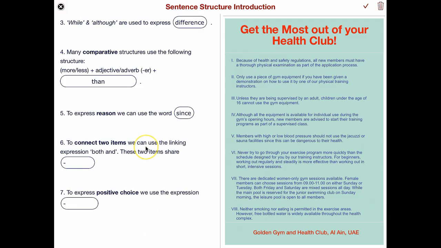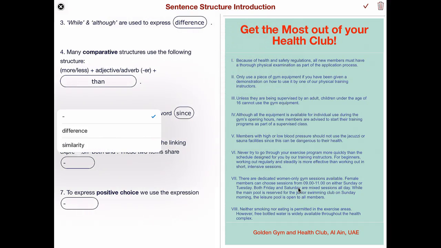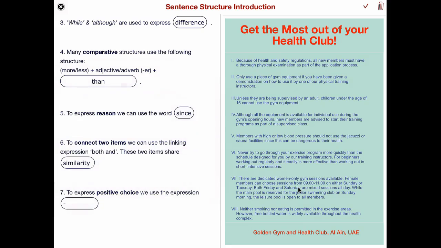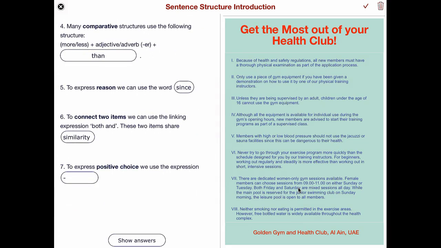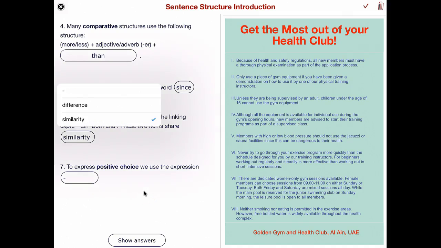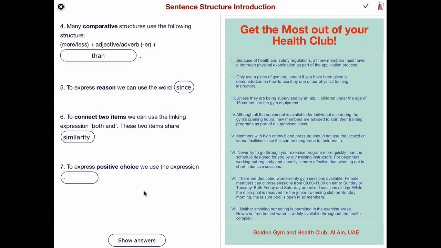To connect two items, we can use the linking expression both and. These two items share, so both Friday and Saturday. Similarity, okay? And to express positive choice, we use the expression either or, okay? Neither nor, of course, would be negative.